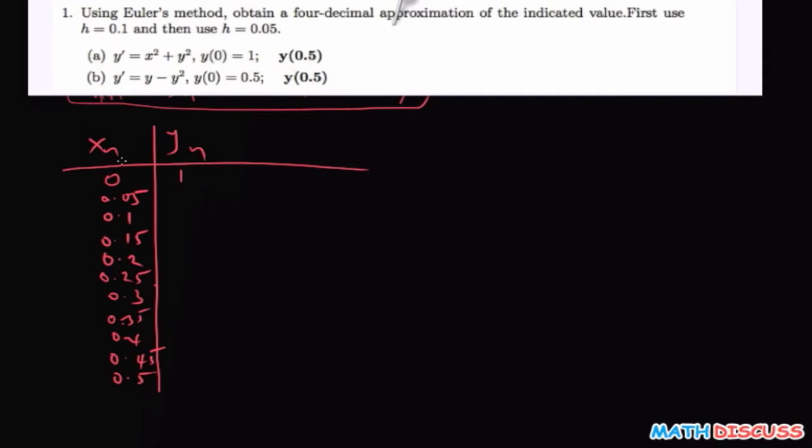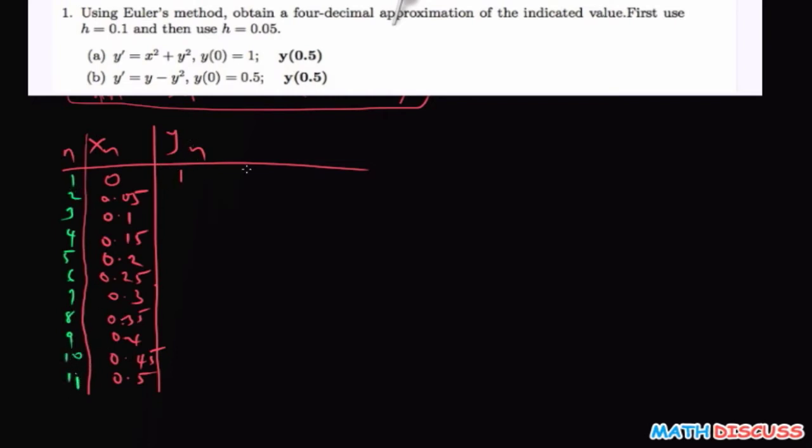So we're going to be using the same thing. Maybe I should write an n value here, and this is going to be when n is 1, 2, 3, 4, 5, 6, 7, 8, 9, 10, 11.